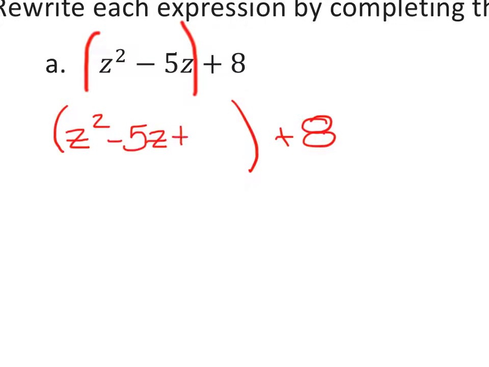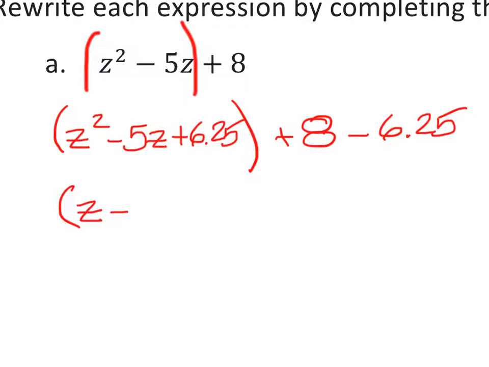So we add 6.25 and then we subtract 6.25 and then write the factored form here, z minus 2.5, square the quantity, and then 8 minus 6.25. That would give me plus 1.75.